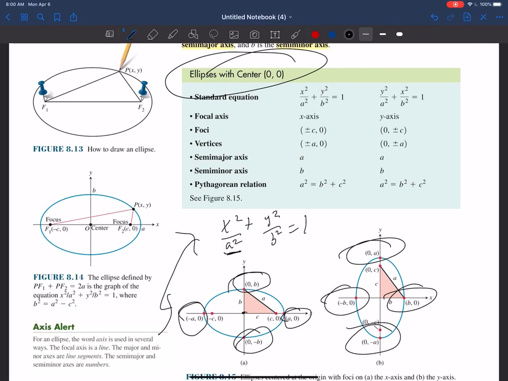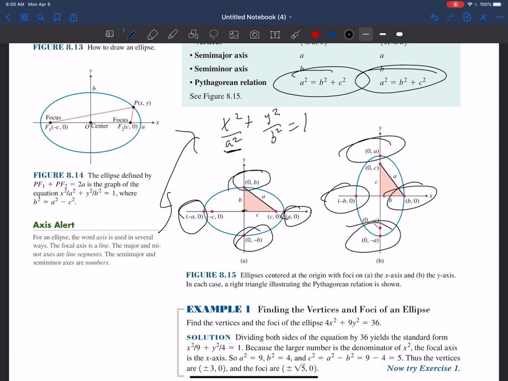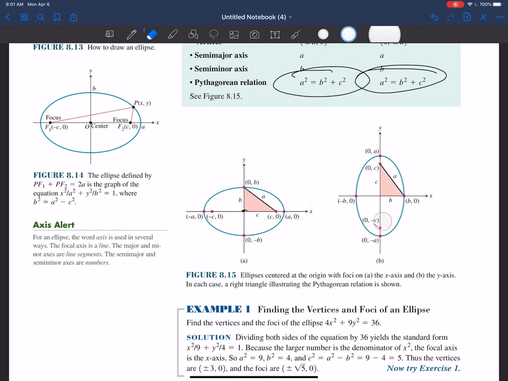In order to find c, we're going to use the Pythagorean relation that's listed. Notice how it's the same one for both, but it's different than the Pythagorean theorem because now we're going to say a squared equals b squared plus c squared. When you look at it, you will see that you always create a right triangle on both.